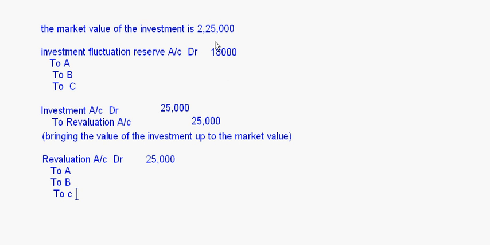So in this case, you have to put 3 journal entries here. The first one is the normal, whatever is the amount of investment fluctuation reserve, that is distributed. The second one is you are bringing the value of the investment up to the market value.